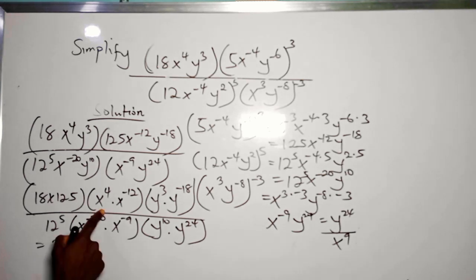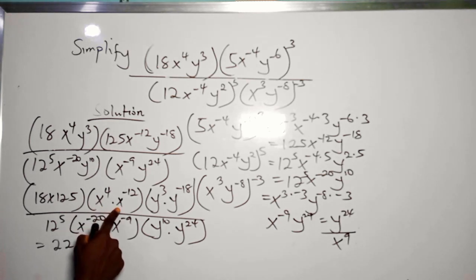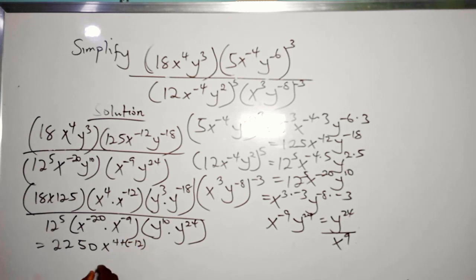And we apply the law of indices: multiplying the same base, we add up the power. So we have x, here is 4 plus minus 12. And for y, since we have the same base, we add up the power. So we have 3 plus minus 18.